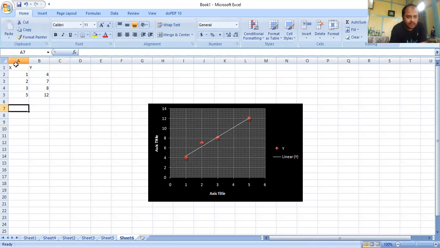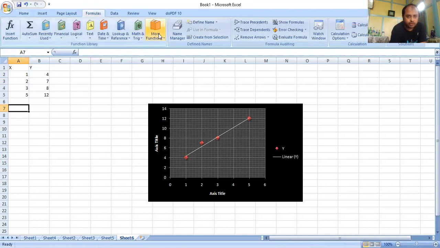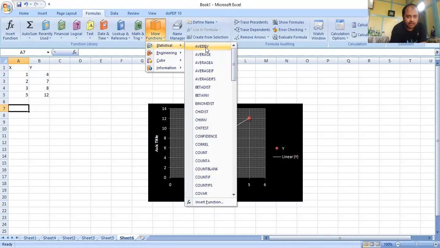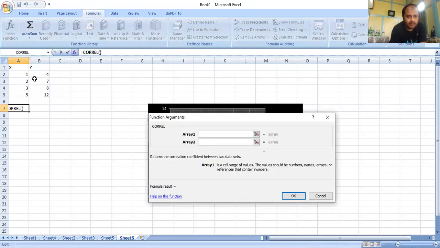It would be much better if I do the correlation calculation also. So I'm taking a blank cell, going to the formula section, choosing more functions, then statistical, under which I'm going to select CORREL. CORREL stands for correlation. The first row is selected like this in array 1, and the second row is selected like this in array 2.